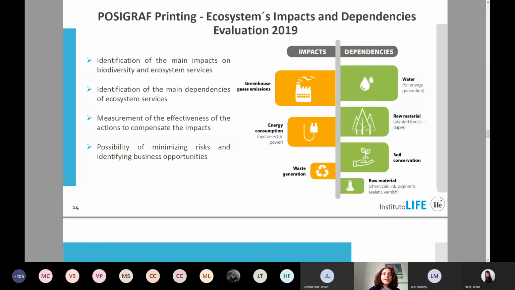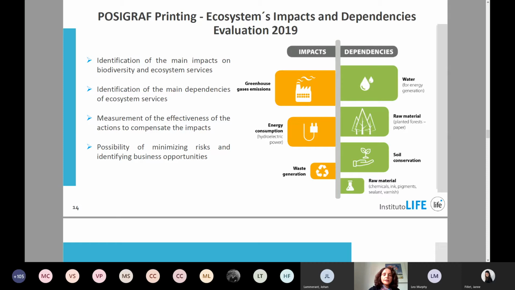Next. So still on step 2, after we measure the impact and the business pressure index, we also check the ecosystem impacts and dependencies. This is very clean information of all the calculation and all the results we had.